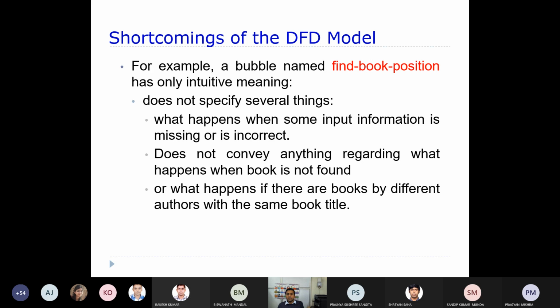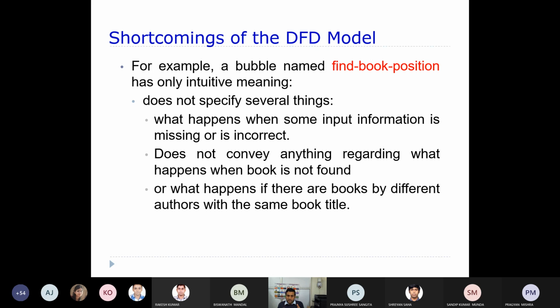The label does not convey what happens when the book is not found. From this level, we only understand something very precise: when you give input to the function, it is going to tell you where that particular book is.